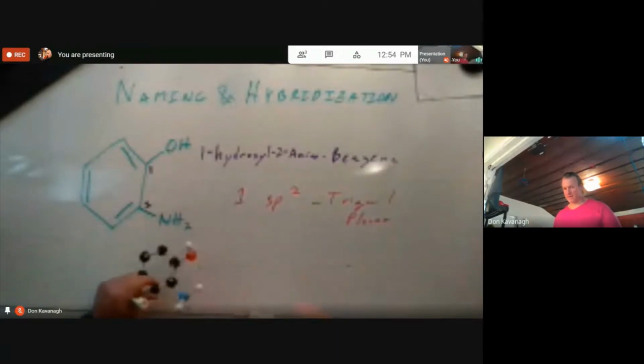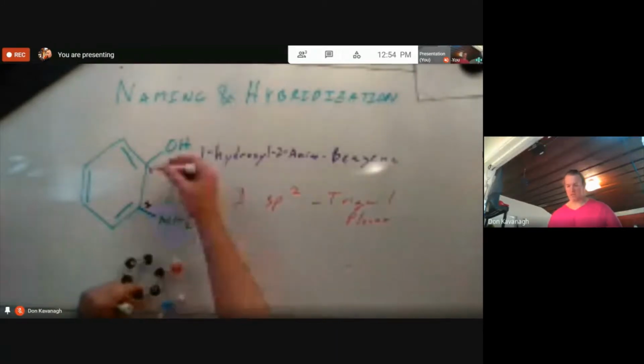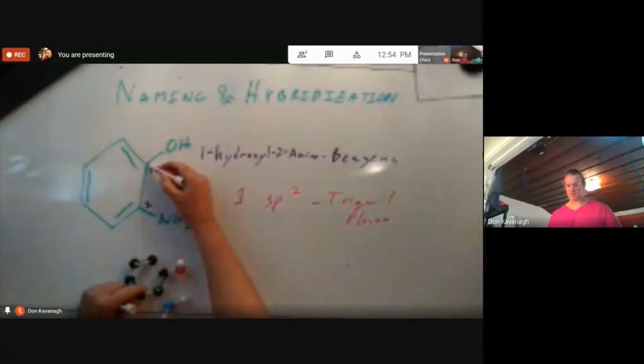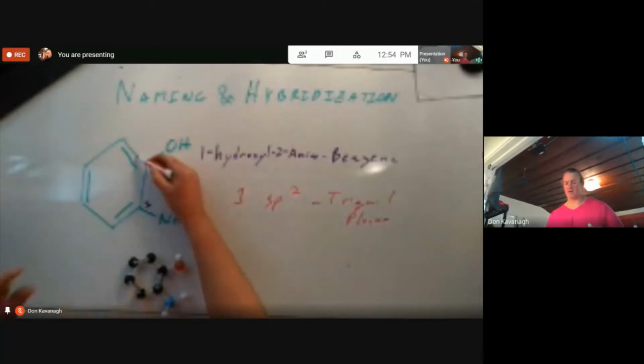How I got there is I counted the number of sigma bonds on this carbon. And this is how I counted the sigma bonds. S, sp1, sp2. My last count of the sigma bond ended in the phrase sp2. So I am determining it is an sp2 hybridized carbon.